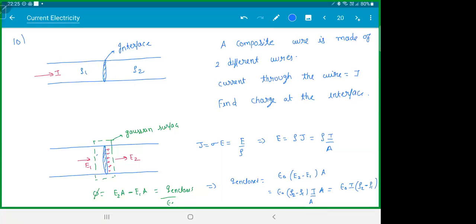Do check it out. Clear with this? Next one.